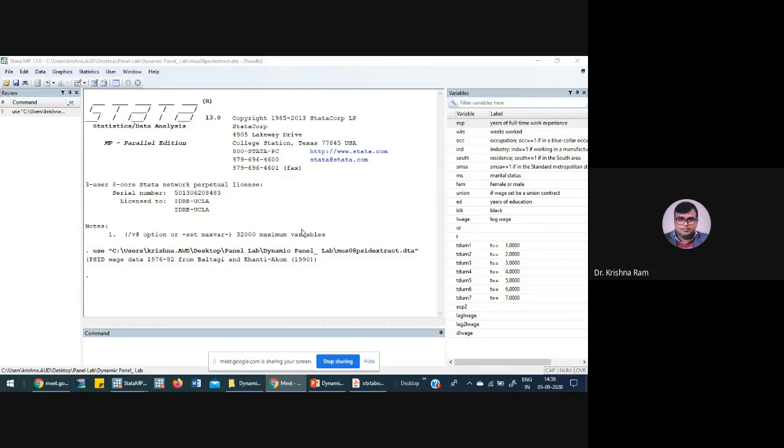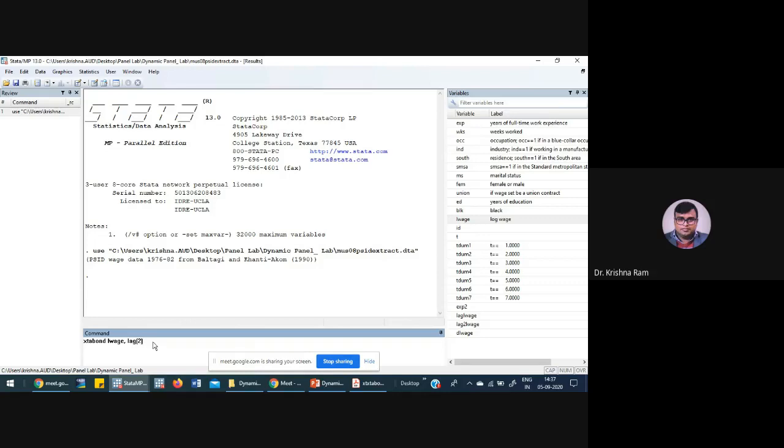So let's start with the two-step Arellano-Bond. For the one-step, as we know, last time we used the command xtabond, that means xt Arellano-Bond, then after it the dependent variable, which in our case is log of wage. Then we specified the option lag 2.